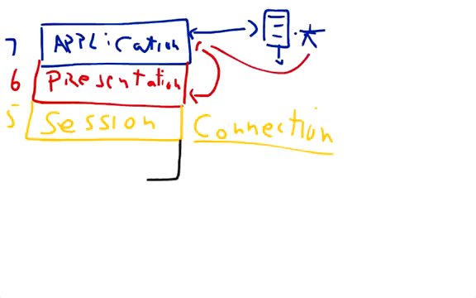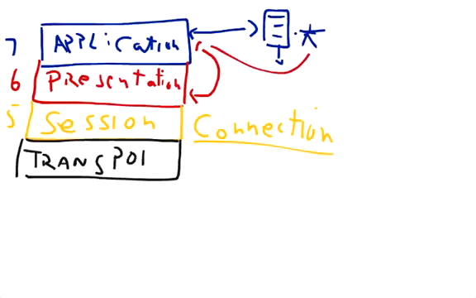And under the session layer, we have another layer which facilitates the session layer, and that layer is called the transport layer. The main purpose of transport layer is the reliable sending of data packets between nodes.